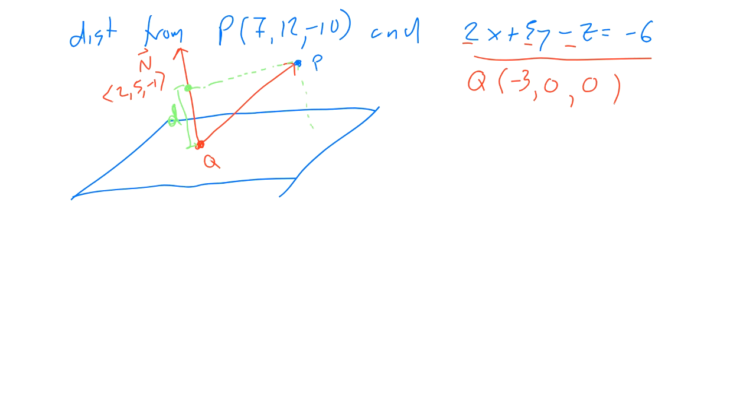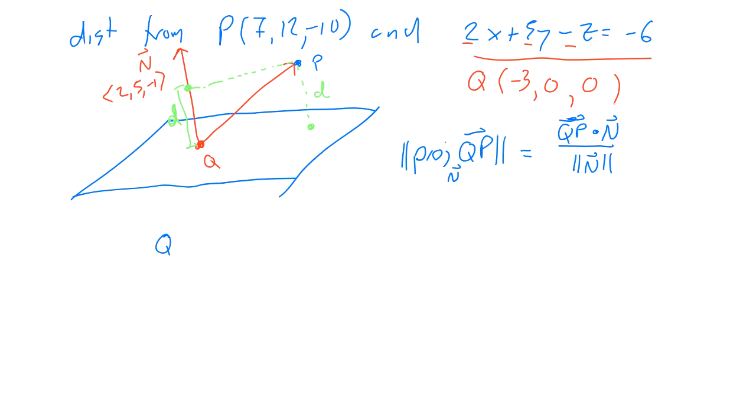So the distance from the point to the plane is equal to the length of the projection of QP onto N. And the length of the projection of QP onto N is equal to QP dotted with N over the length of N. So let's use the P and the Q to form QP.